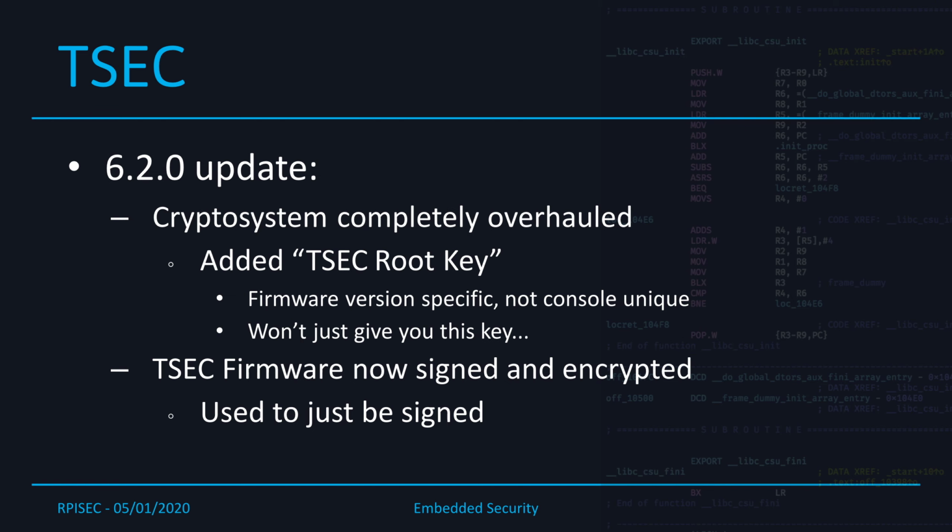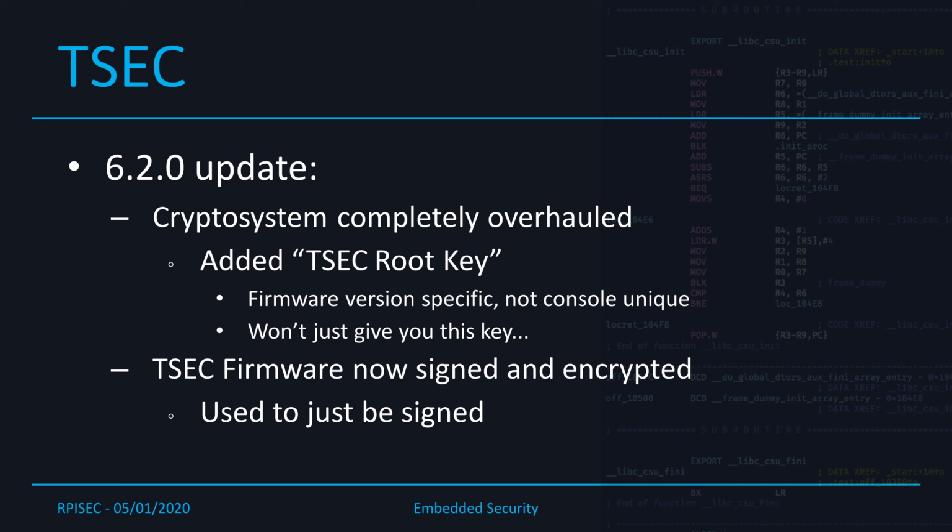And Nintendo realized this. So when the bug happened, they basically moved the root of trust in a very clever way. They completely overhauled the crypto system and added this thing called the TSEC root key, which is a firmware-specific key, shared across all consoles, that they would update with every single firmware.